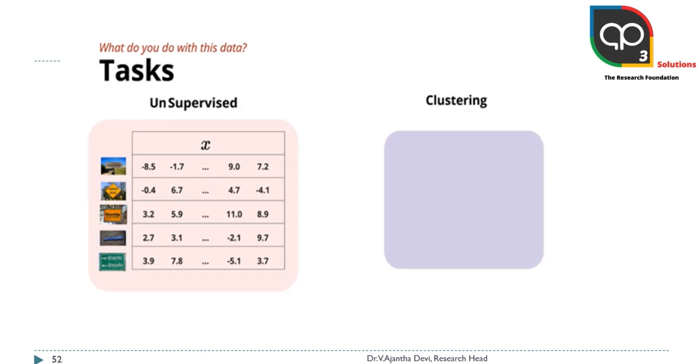Let me go to the next important category of task, which falls in the unsupervised category. The last two tasks that we specified previously were supervised tasks, and there are also unsupervised tasks.